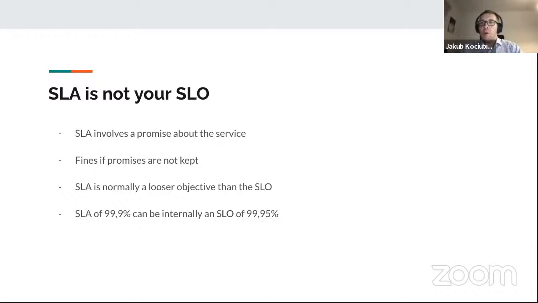We want to measure when we are failing the users and when we are making them happy, and we want to plan on that. An SLA is something different. It's more of, if you break the promises you've made, you will pay, or you will get a fine. And this is why usually you would set your SLA a bit looser than an SLO.